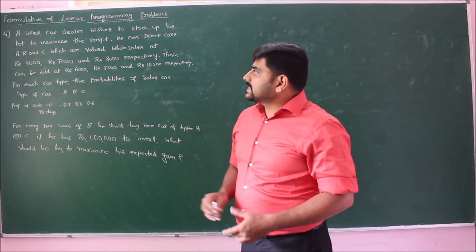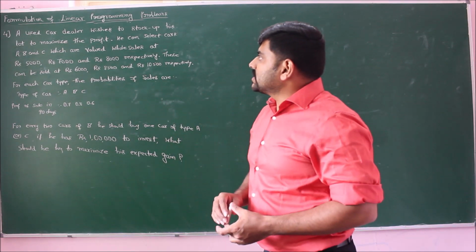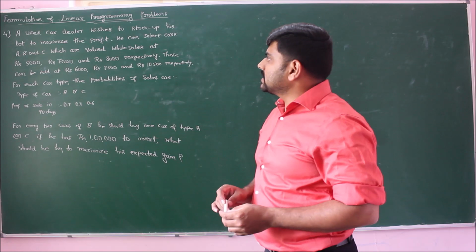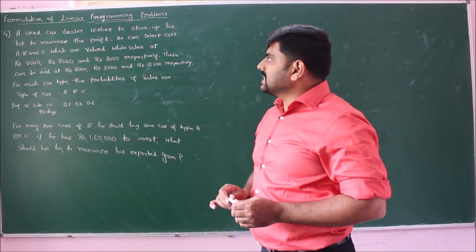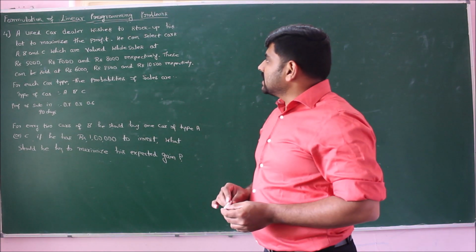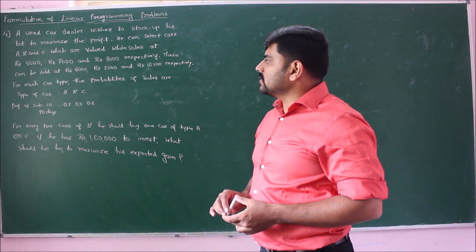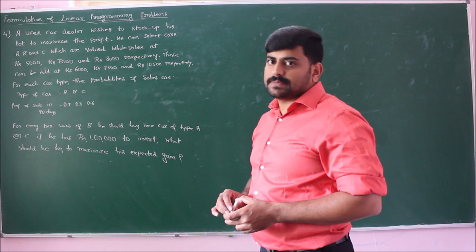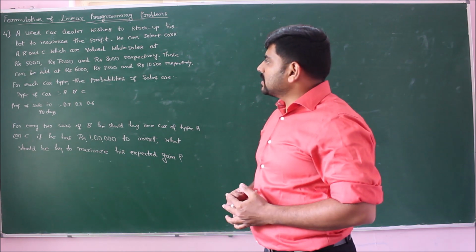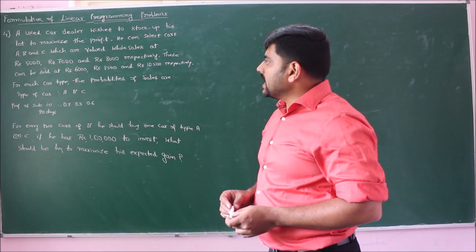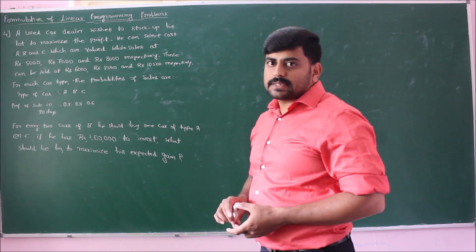Problem number 4 states that a used car dealer wishes to stock up his lot to maximize the profit. He can select cars A, B and C which are valued wholesale at rupees 5,000, 7,000 and 8,000 respectively. These can be sold at rupees 6,000, 8,500 and 10,500 respectively.